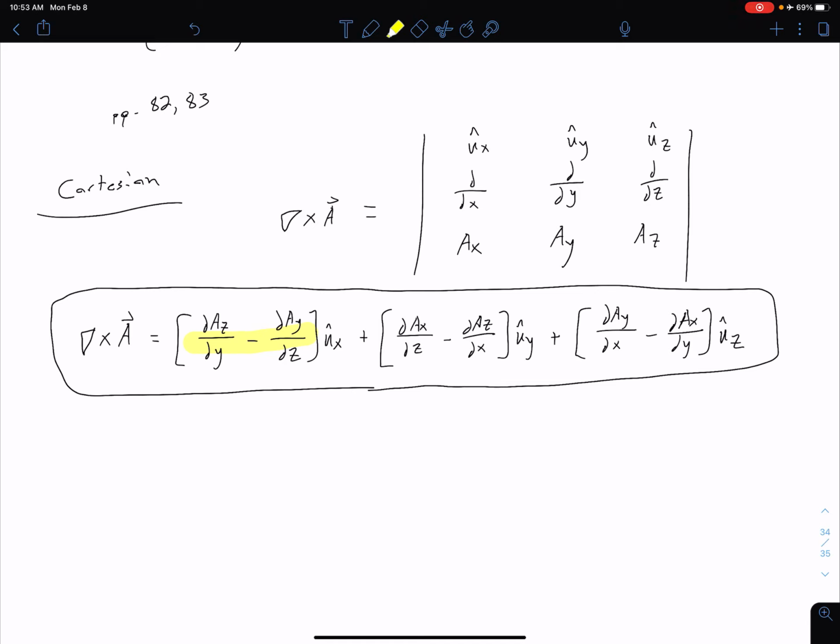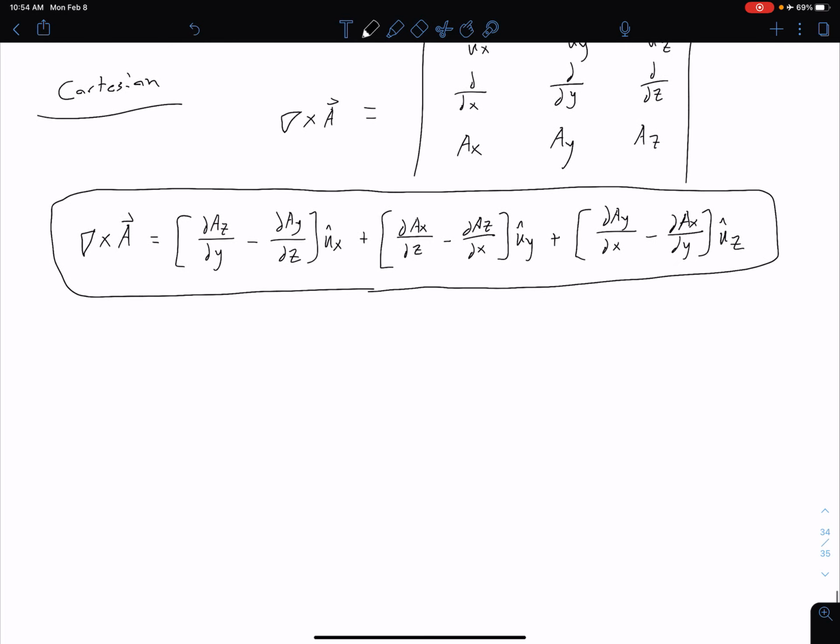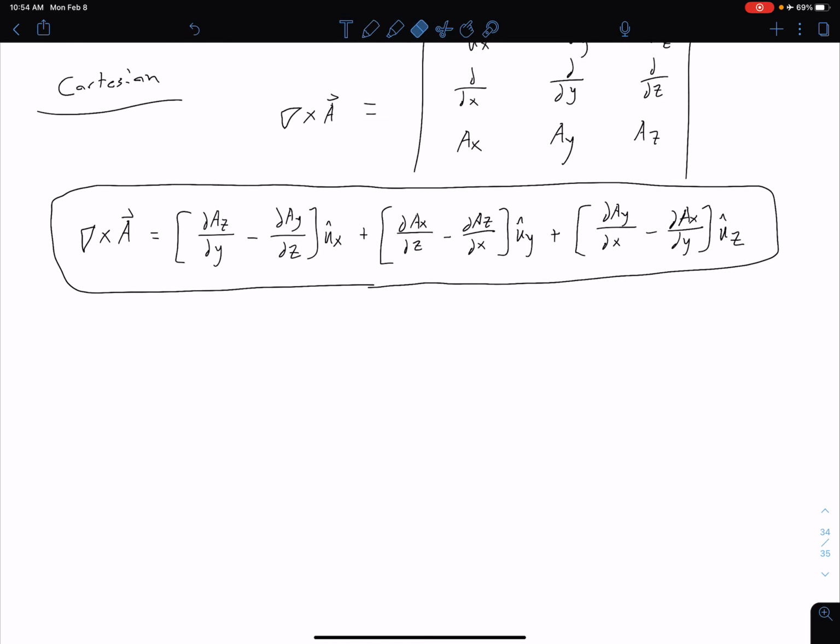We're never taking the partial of the z component with respect to z. There are little tricks like this that help you memorize or at least recognize the correct form, but again, you don't need to memorize this. There's also a handy reference table with all of these equations in the back cover of your textbook. Okay, so that was for our Cartesian coordinate system.